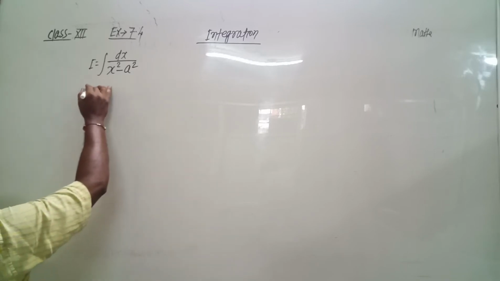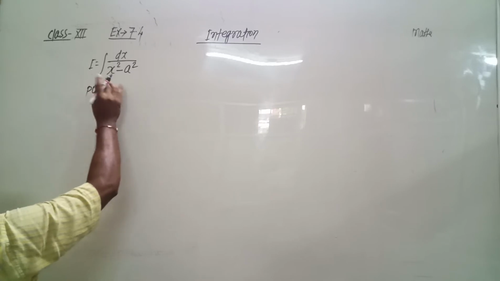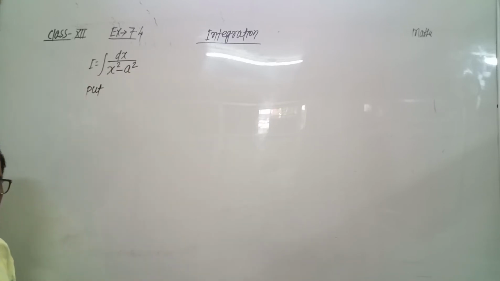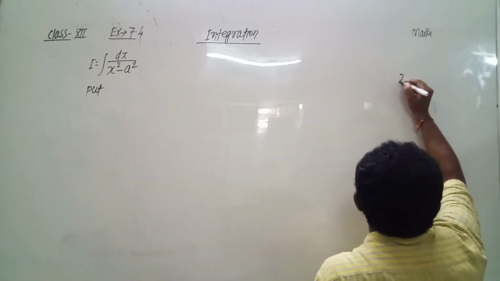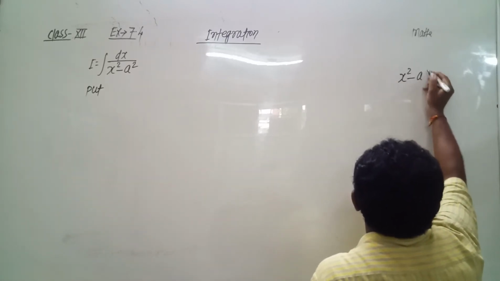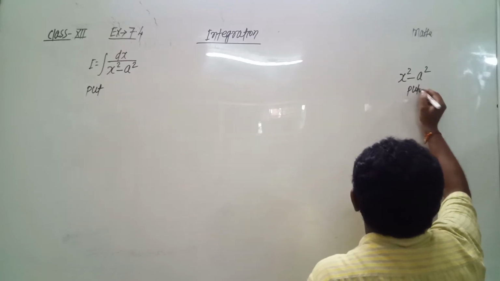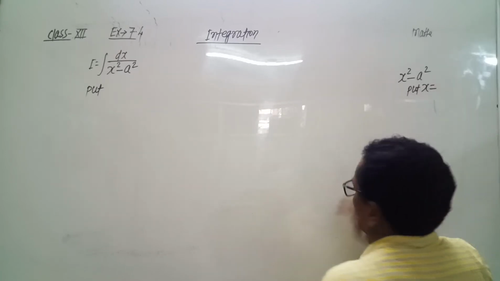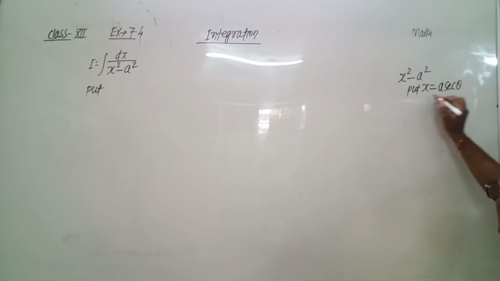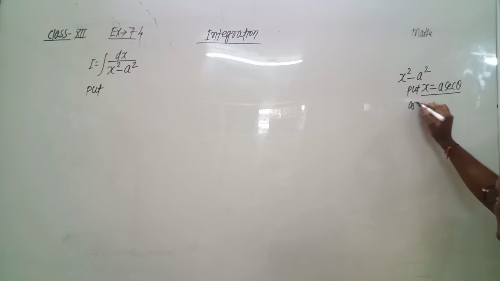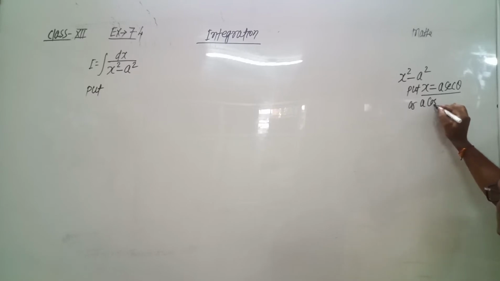So we put, if there is a form x square minus a square, then we put x equals sec theta, and if there is a constant term a, then we will have to put x equals, in terms of a, x equals a sec theta or a cosec theta.